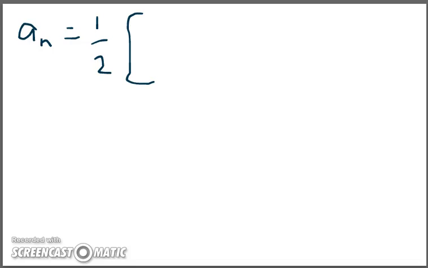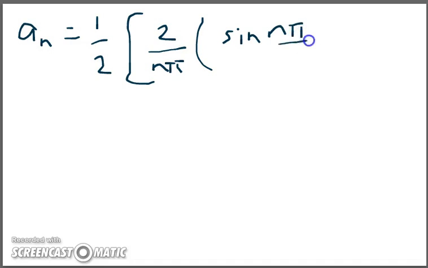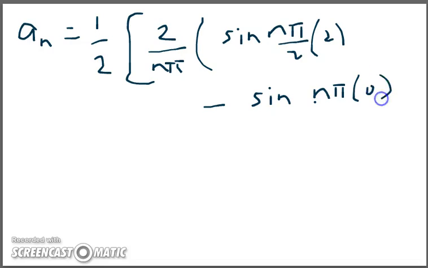Since we have sine n pi t over n pi over 2, I now have 2 over n pi, and we have sine of n pi over 2 multiplied by 2, minus sine of n pi times 0 over 2.